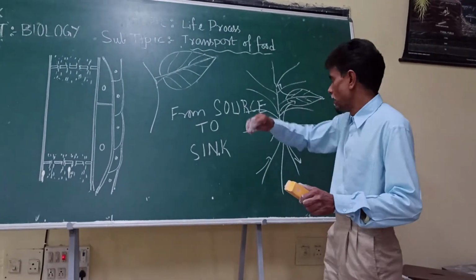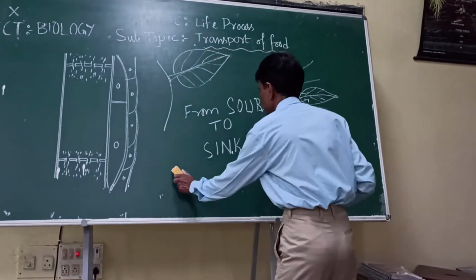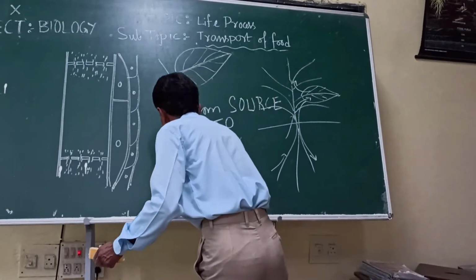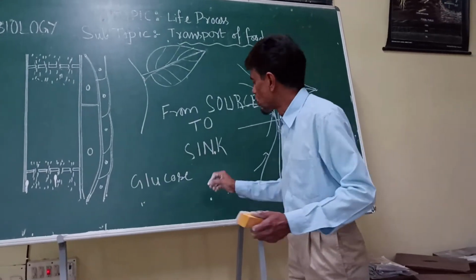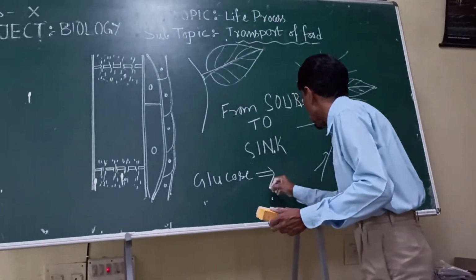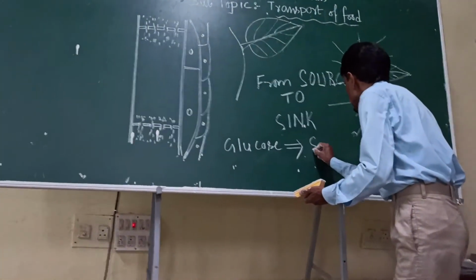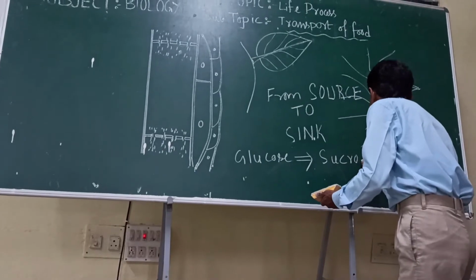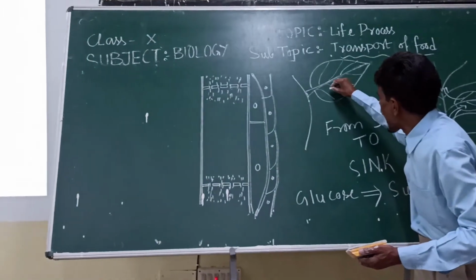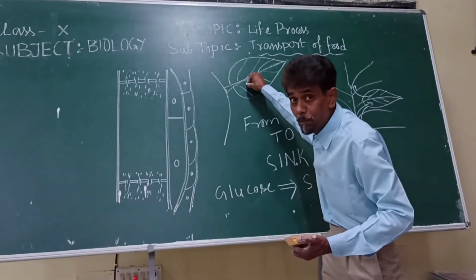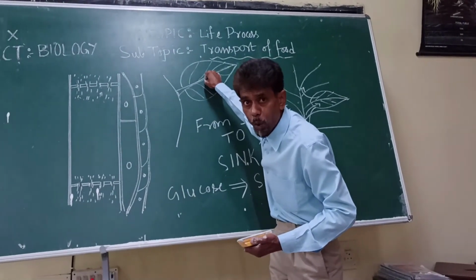First of all, the food so prepared by photosynthesis is in the form of glucose. This glucose will then convert into sucrose. This sucrose is then actively loaded. Where has it been prepared? In the leaf. It is then actively loaded.